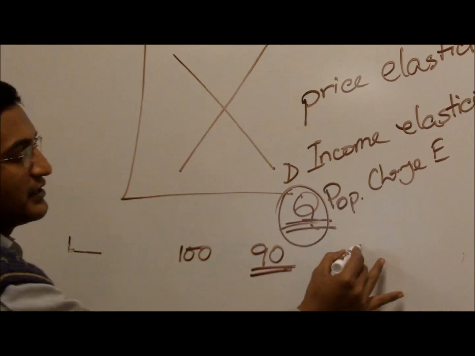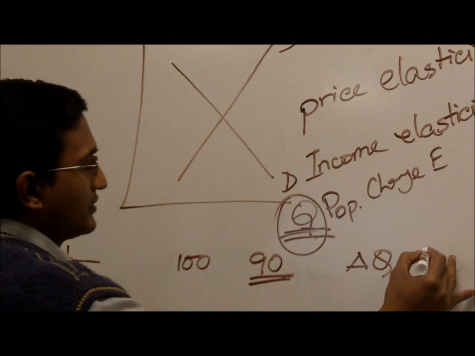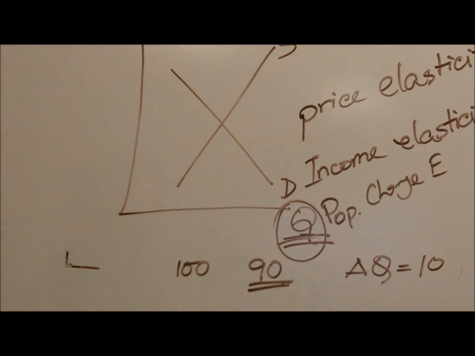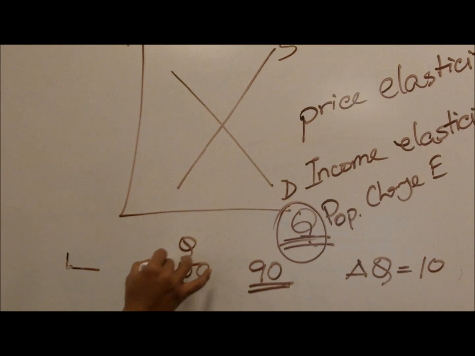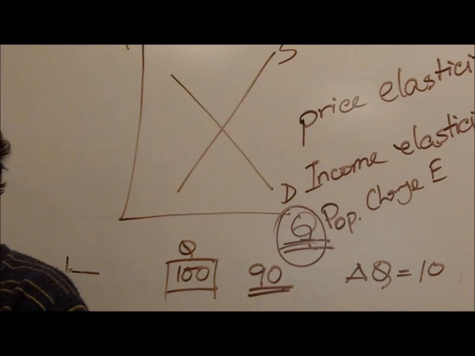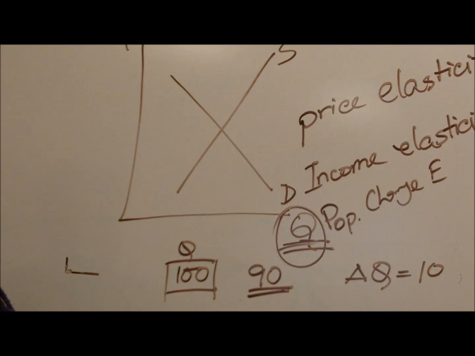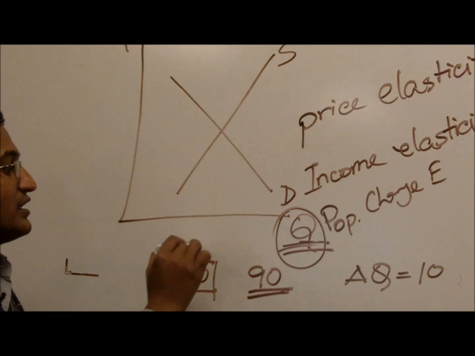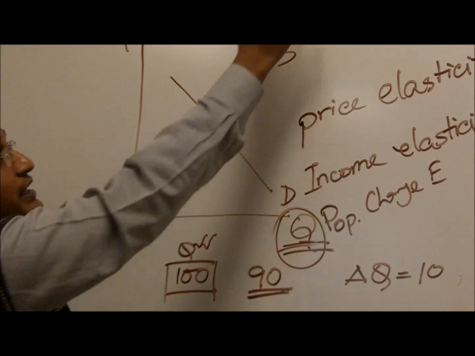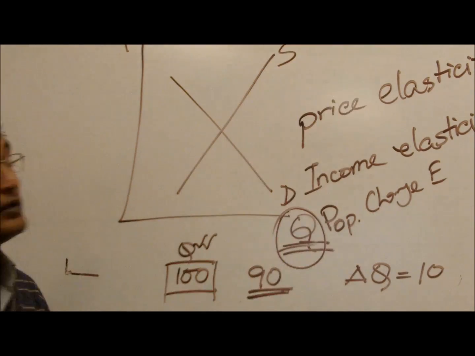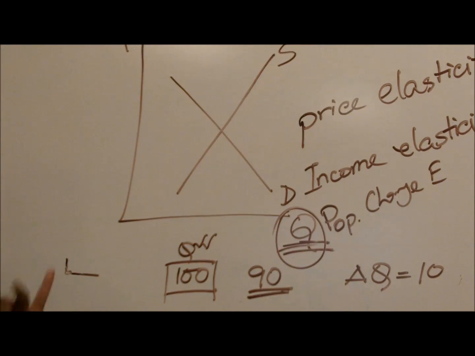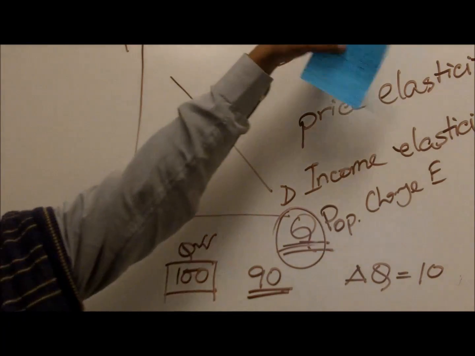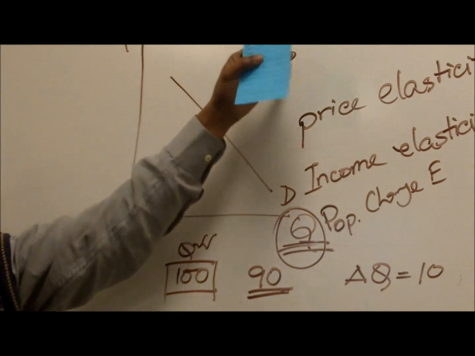So the change in quantity is 10, right, and Q should be the 100 one. We calculate the percentage change with respect to the initial number. So initially Q was 100, and del Q by Q, this 100 is cancelled out. So normally we do not write this 100, and del P is the same.